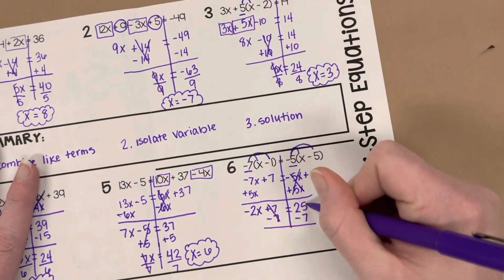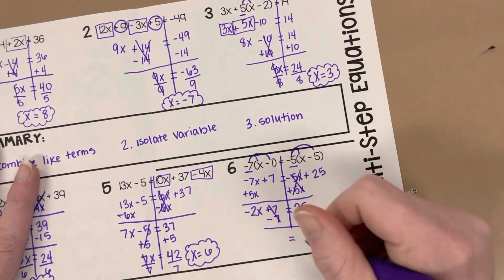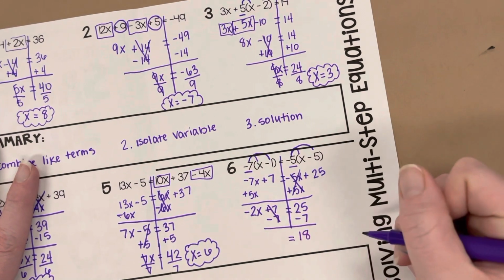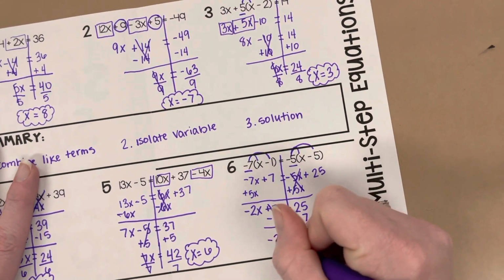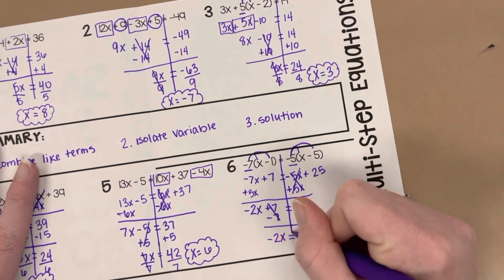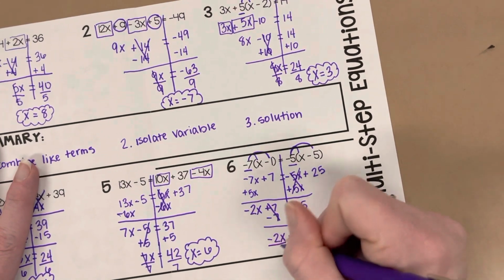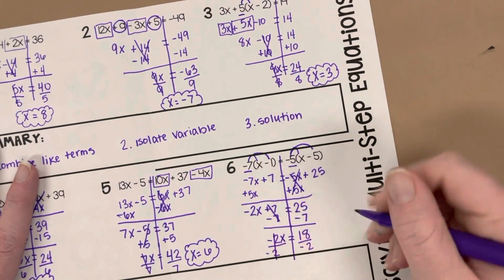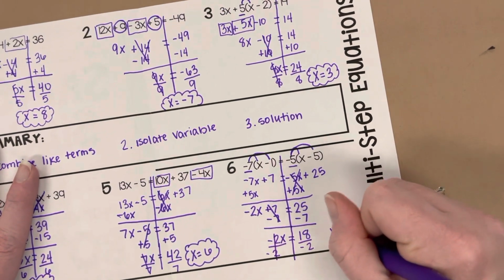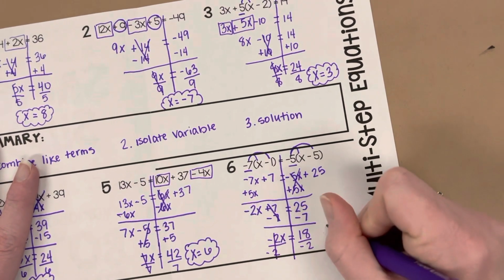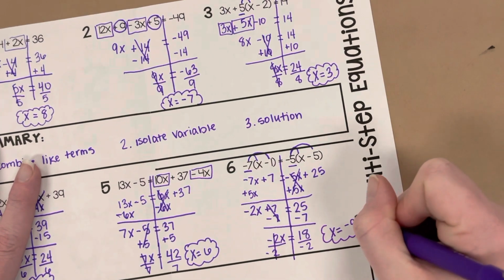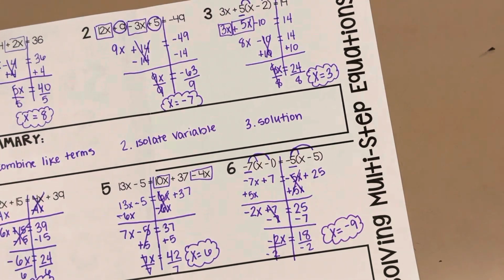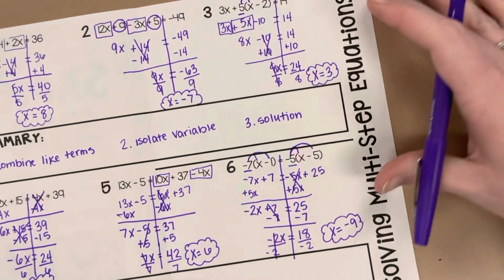That cancels. Well, 25 minus 7 is 18. And that negative 2x comes down. My final step, divide by negative 2 on both sides, and I get x equals negative 9. And that is my solution.